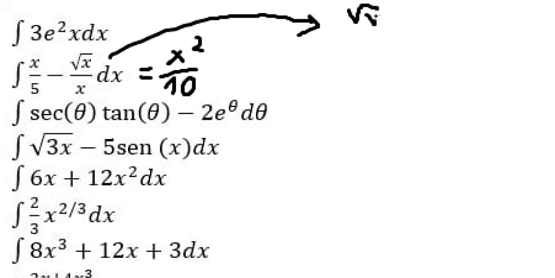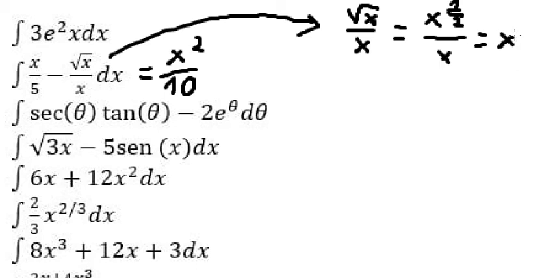the square root of s over s is s to the power of 1 over 2 divided by s. So you get s to the power of 1 over 2 minus 1. So 1 over 2 minus 1, you get s to the power of negative 1 over 2.